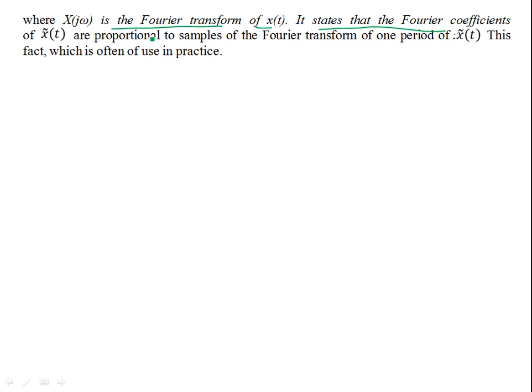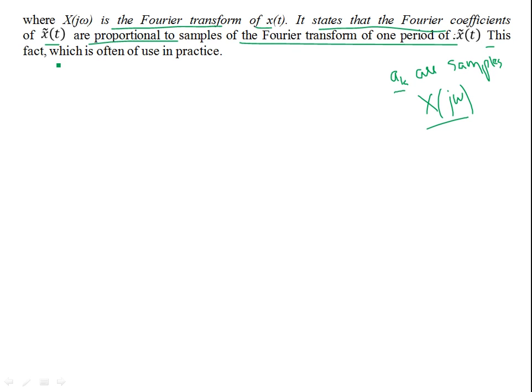It states that the Fourier coefficients of x tilde(t) are proportional to the samples of the Fourier transform of one period of x tilde(t). So the a_k, the Fourier series coefficients representing the strengths of the harmonics, are samples of X(j omega), the Fourier transform of x(t), which is the envelope function of these coefficients.